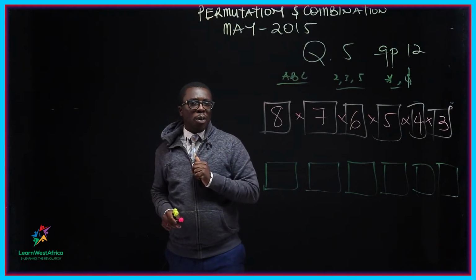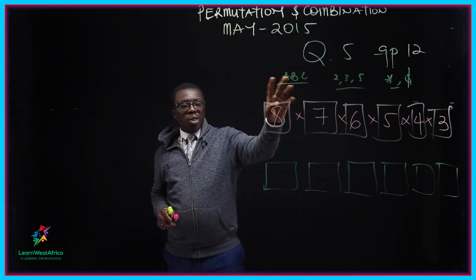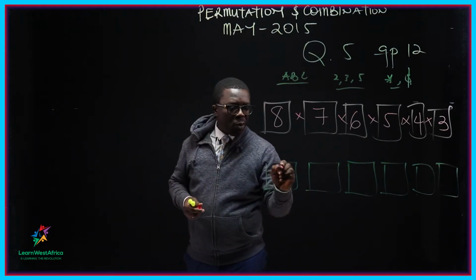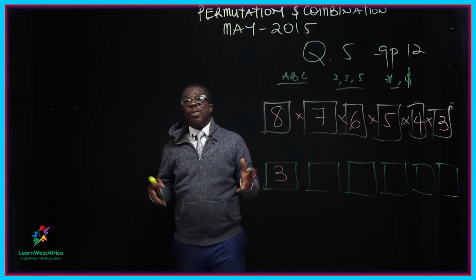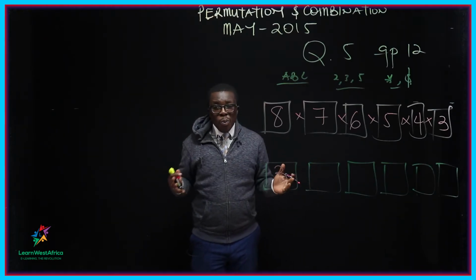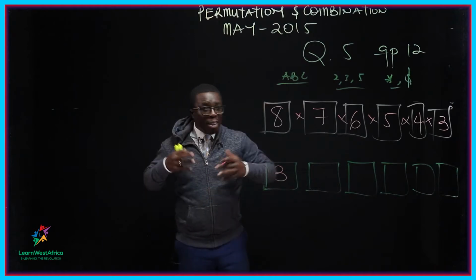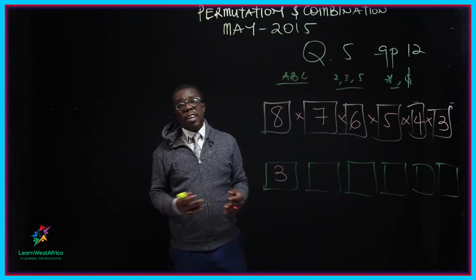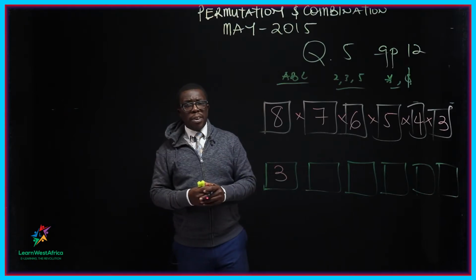How many letters have we got? 3. So how many ways can we fill this part? Obviously, 3 ways, because it could either be A, B, or C. That is the only way you can have the first box having a letter. So this is going to give you 3.